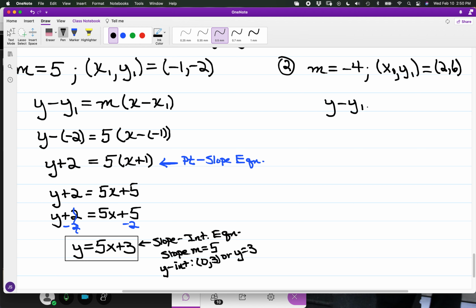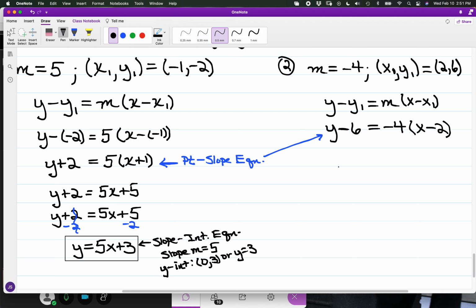Again, looking at the point slope setup, for y minus y1 we have y minus 6 equal to negative 4 times the quantity of x minus 2. So this setup is also a point slope equation.